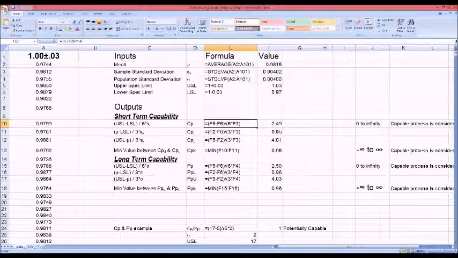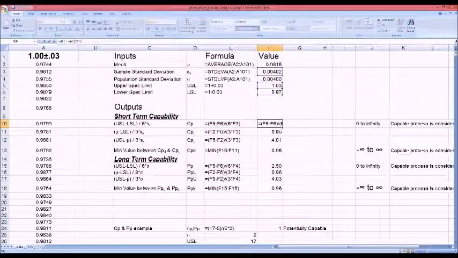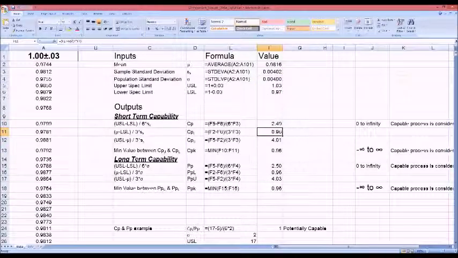So if I do that in Excel here, I just take my F5, which is right here, my upper spec limit, so 1.03, and I subtract F6, which is 0.97. I divide that by 6 times my standard deviation. You can see I'm using S sub x because it's CP. And that's what you get here, 2.49.